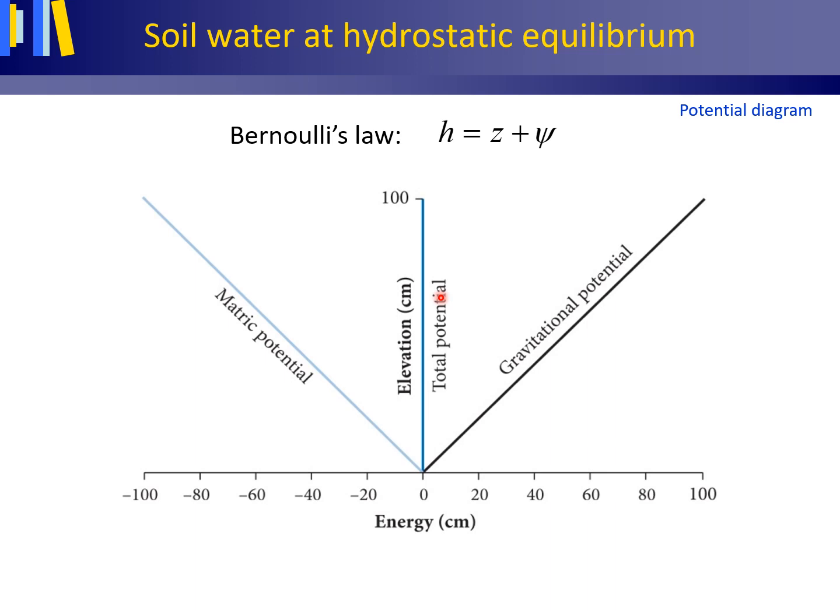In order for there to be no water flow, the total potential in the unsaturated zone should remain 0. This can only be achieved if the pressure head above the water table decreases by the same amount in which the elevation above the water table increases, as shown in this figure.